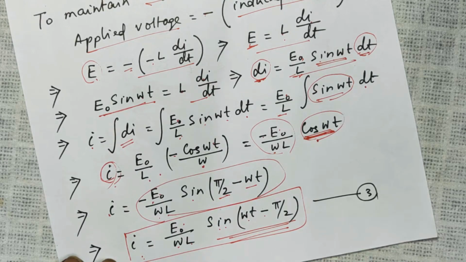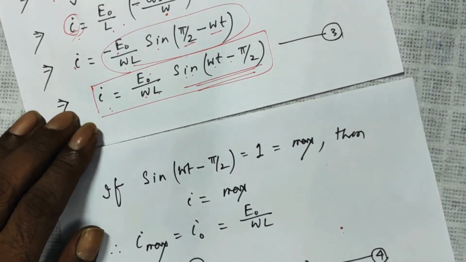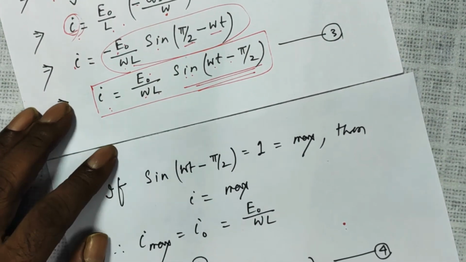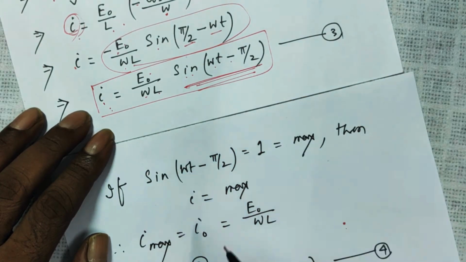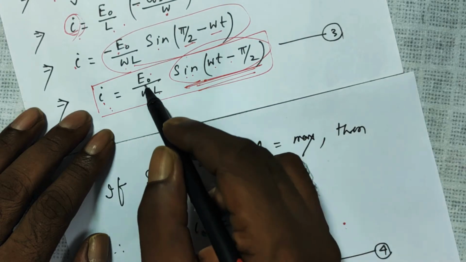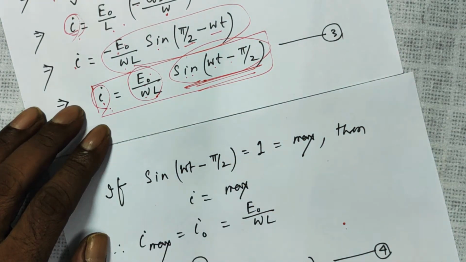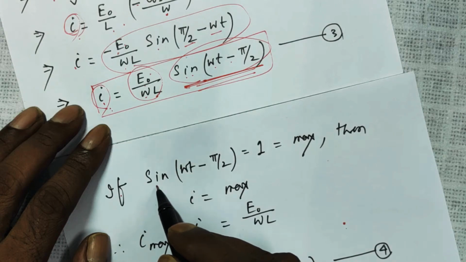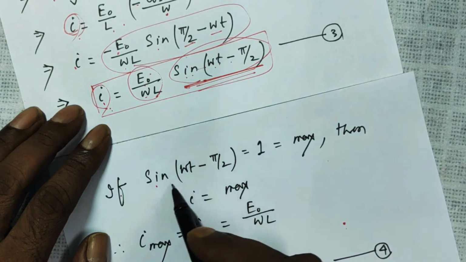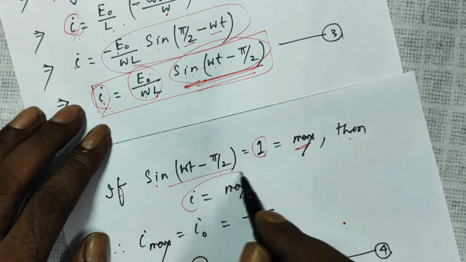Now look here, now it is interesting. This is the expression of current in terms of sine function. If this part becomes maximum, then the current will be maximum. And the maximum value of sine is 1. So if sine of omega t minus pi by 2 is 1, that is maximum, then this current will be maximum.